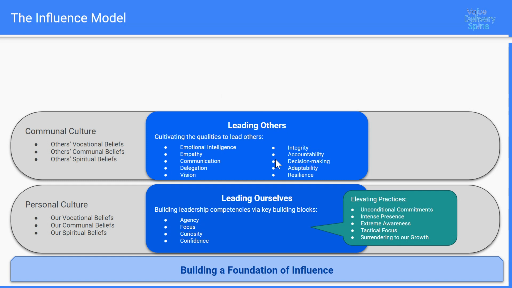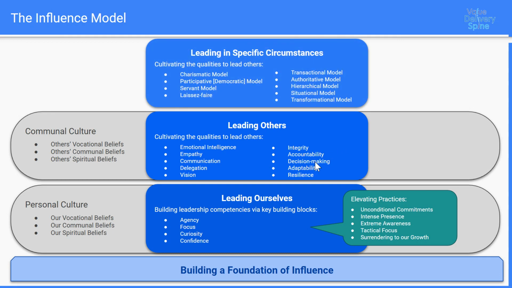And all that lives within a community's culture, which will include vocational beliefs within the community, the communal beliefs that keep the community together, and spiritual practices and beliefs of that community. And then finally, leading in specific circumstance.